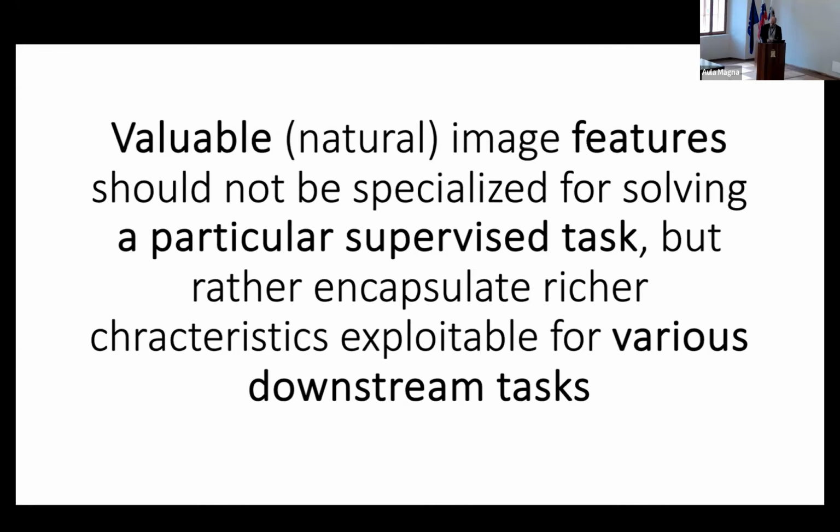So the features that should be learned and encapsulated into an algorithm or into a neural network model should capture very rich characteristics that hopefully can be exploited for other different tasks.